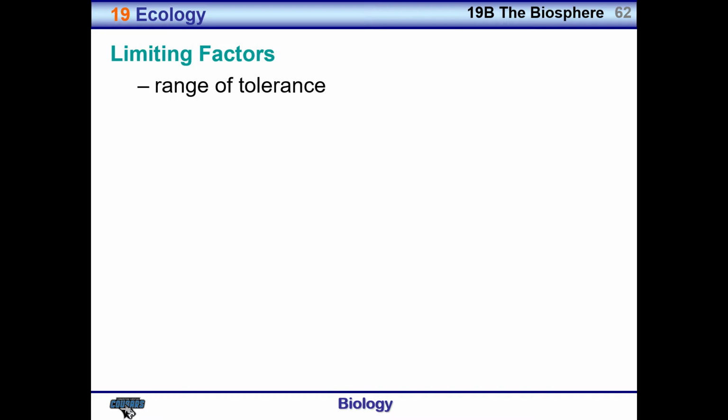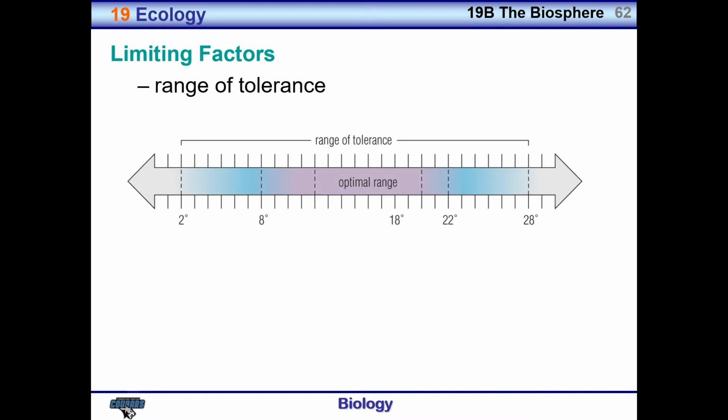We have studied this before. One limiting factor is the range of tolerance, and this was a diagram that we've seen earlier, looking at temperature, for instance. There's a range of temperatures where the animal will function very well, and that's the optimal range.